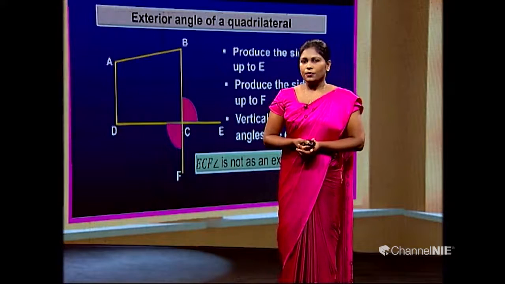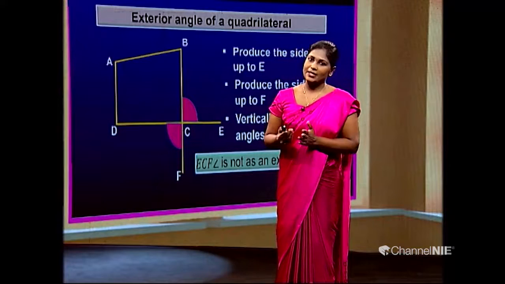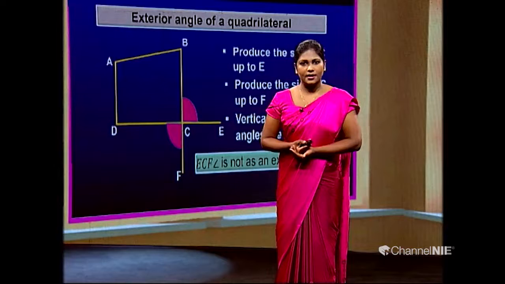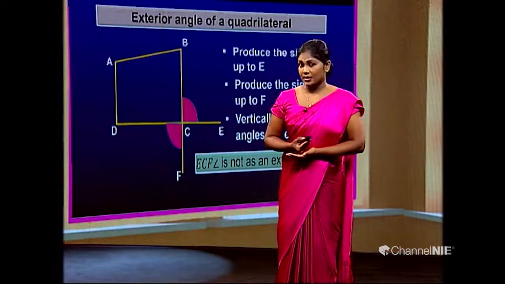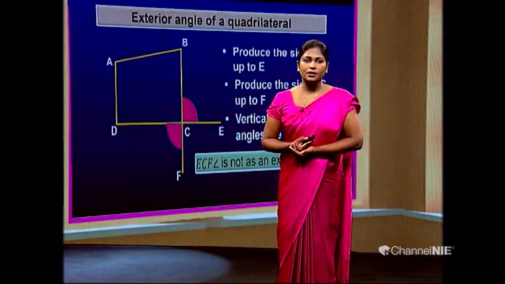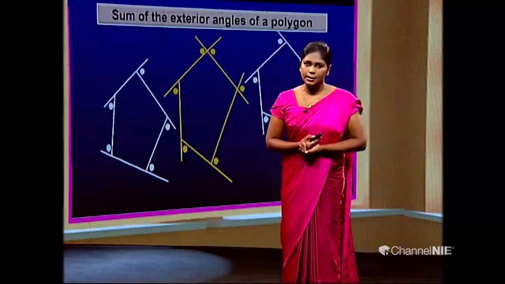Now we have discussed the exterior angles of a triangle and also a quadrilateral. In grade 9, you have to learn about the sum of the exterior angles of a polygon. So, how to find the sum of the exterior angles of a polygon?